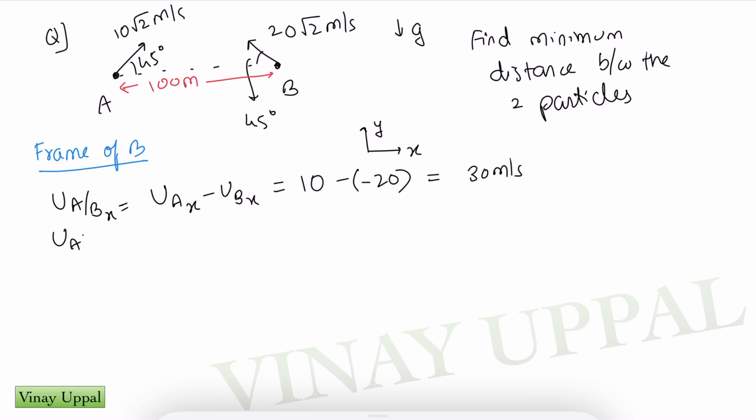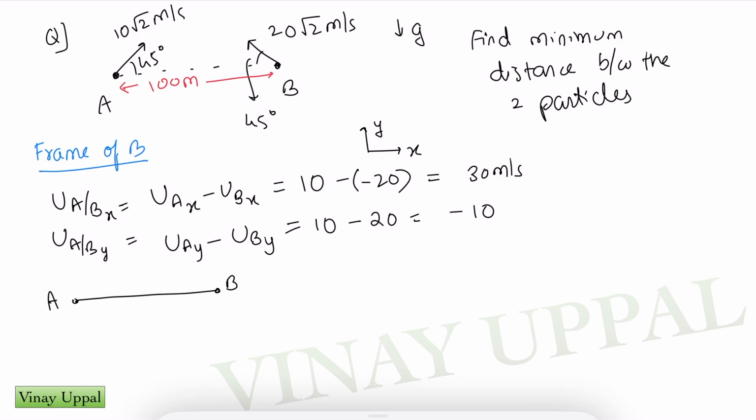And similarly, for the velocity of A with respect to B, the y component would be 10 root 2 sine 45 minus 20 root 2 sine 45. So that's 10 minus 20, which will be minus 10. So if I were to draw the initial velocity vector of A with respect to B, the x component is 30.